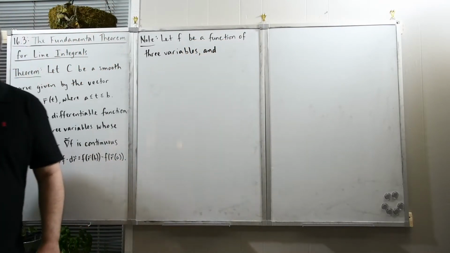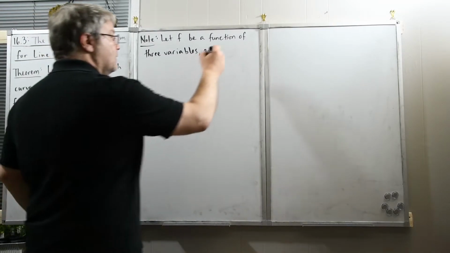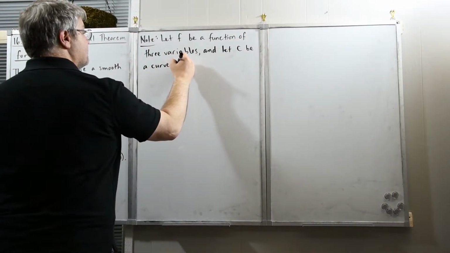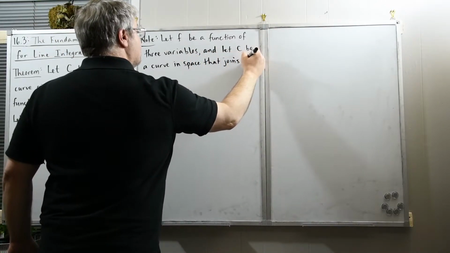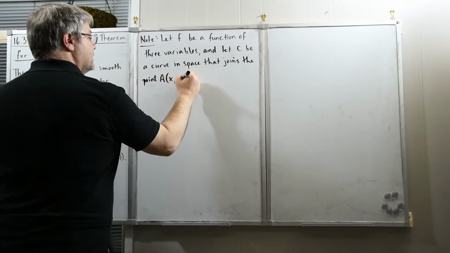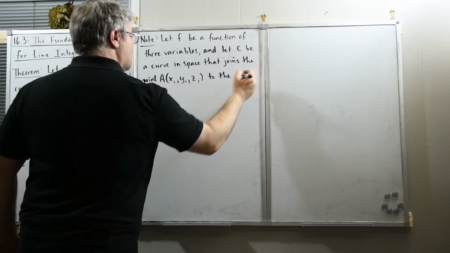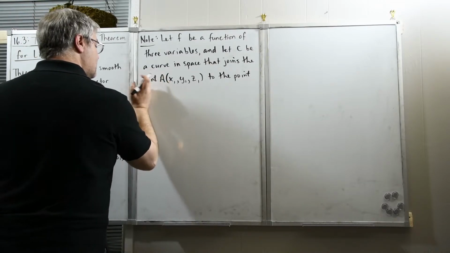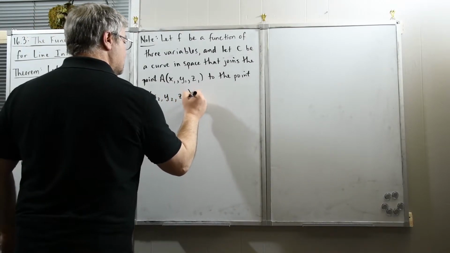So let's let f be a function of 3 variables, and let's let C be a curve in space that joins the point A with coordinates x1, y1, and z1 to the point B with coordinates x2, y2, and z2.